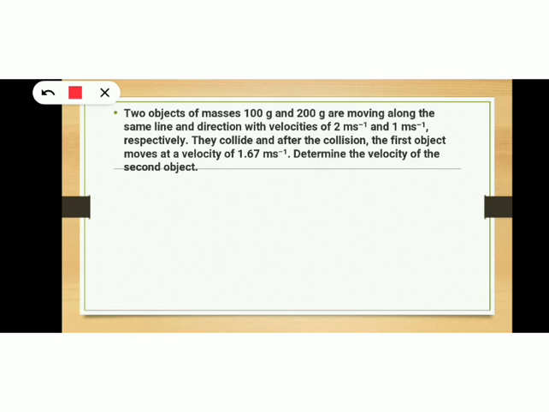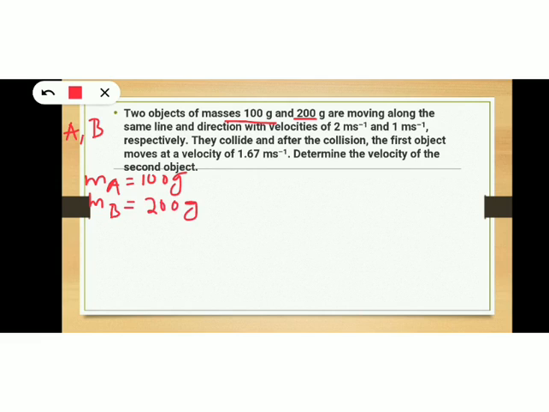So here two objects are there. So let one object be taken as A and another object be taken as B. Okay, so two objects of masses 100 gram and 200 gram. So let the mass of A be 100 gram and let the mass of B be 200 gram.